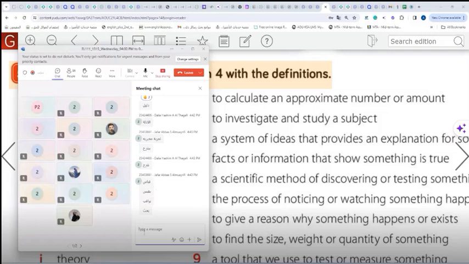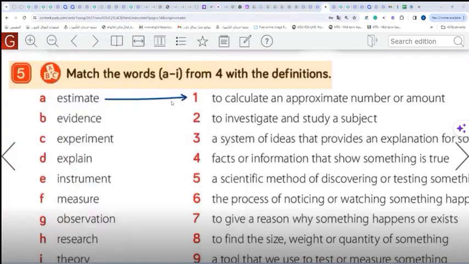But estimation means giving an approximate number or amount that could be more or less. Do you understand? Not the exact number. You mean around the exact result. Yes, plus and minus. So, dear students, it's just like an estimation, not the exact result.